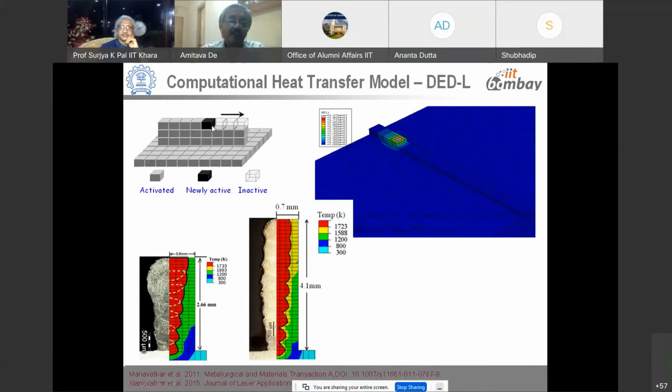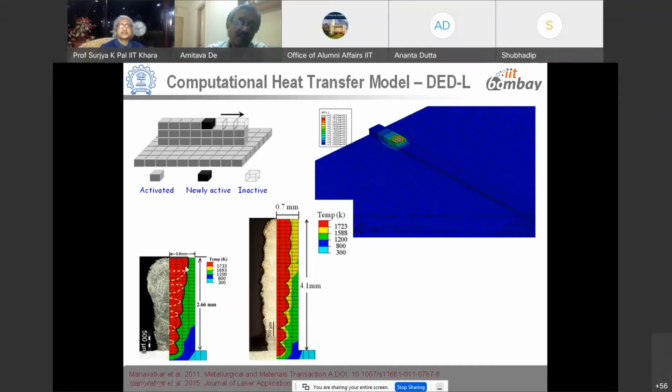Even if we go for somewhat crude models with larger element sizes, we can still see that these models can predict, estimate how a real build, typically a 7-layer build, is built. A 7-layer build can be simulated using a computer-based model like this.